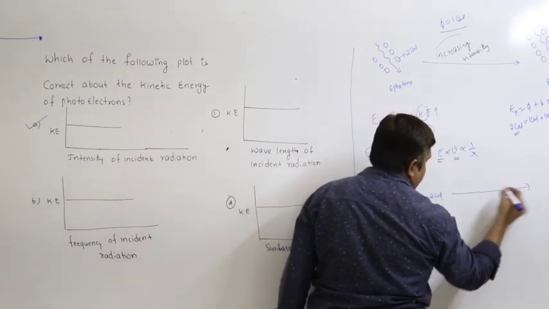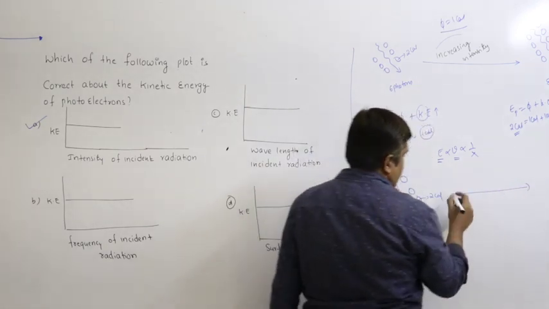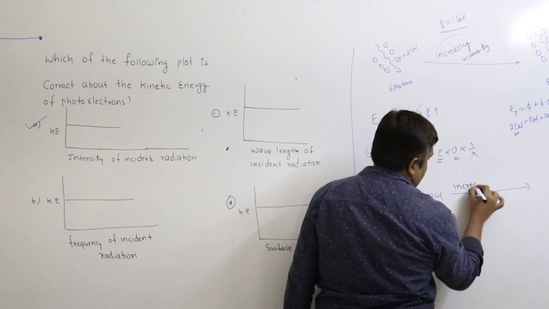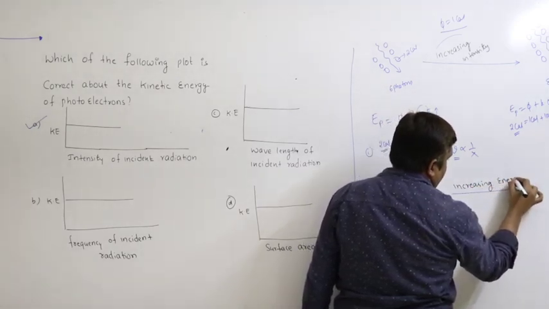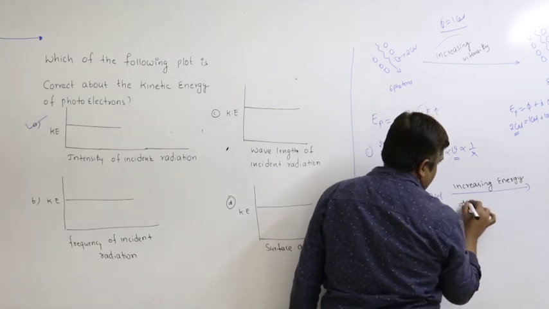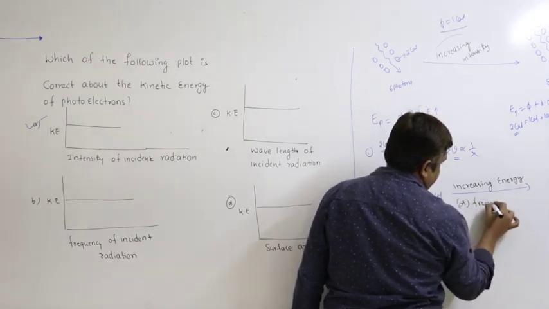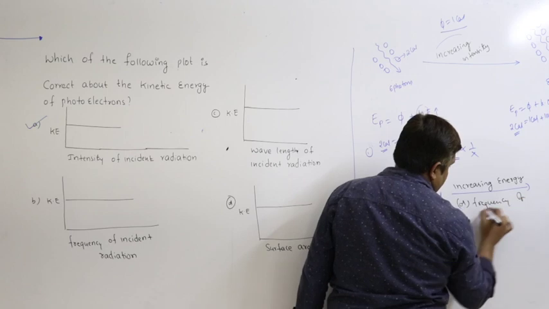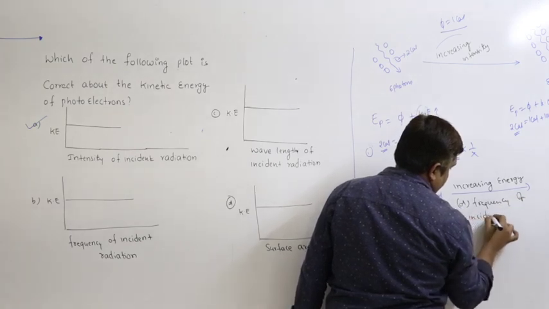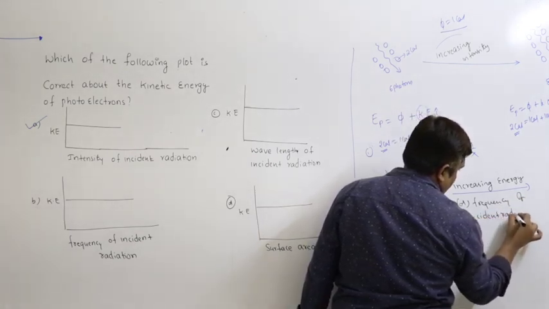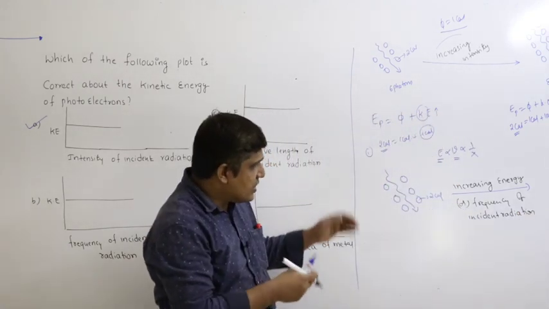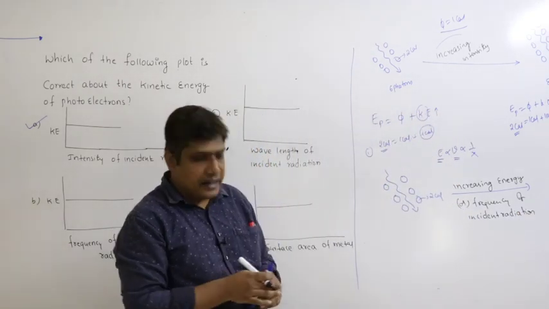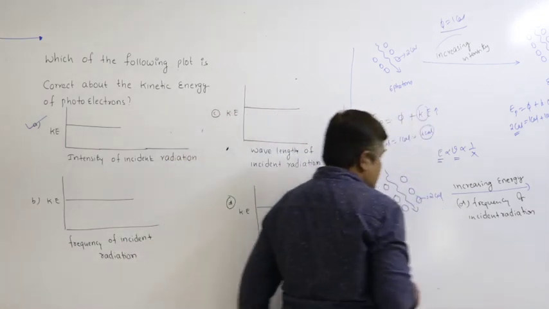I am increasing the energy or frequency of incident radiation. What is the meaning of that? The meaning is the energy of each photon will increase, but the number of photons remains the same.